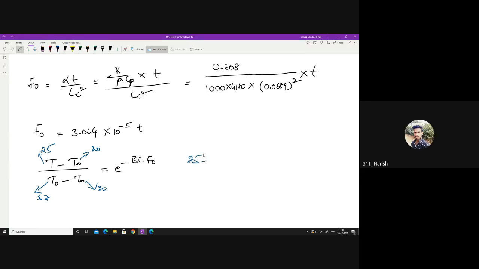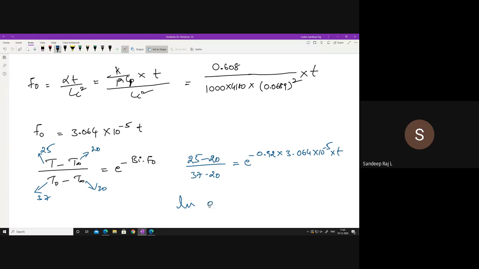25 minus 20 by 37 minus 20 is equal to e power minus 0.92 into 3.064 into 10 to the power of minus 5 into t.